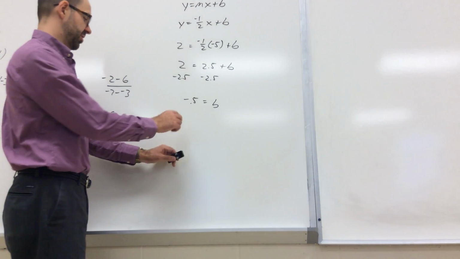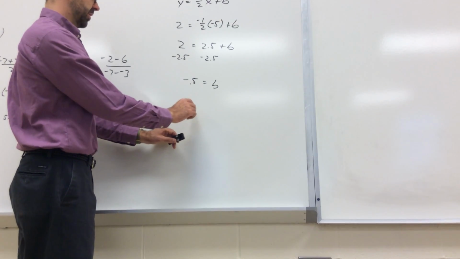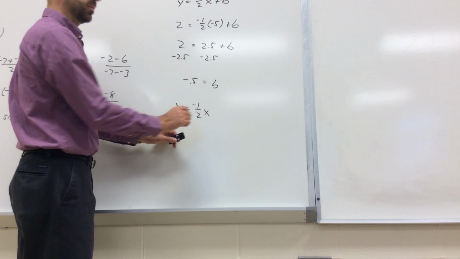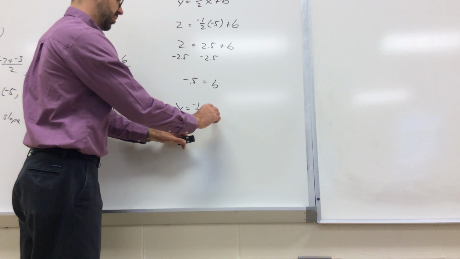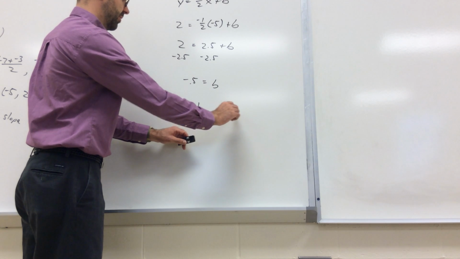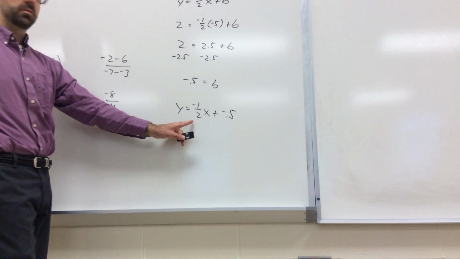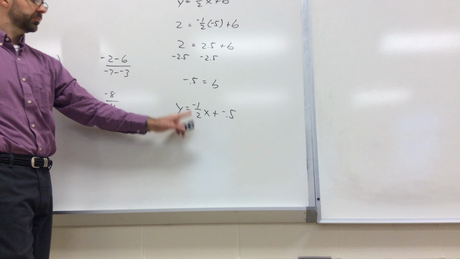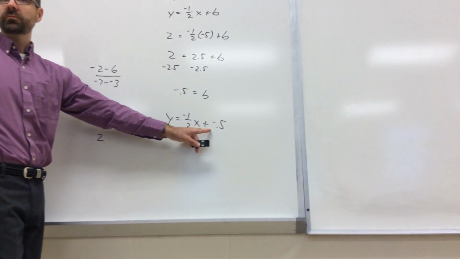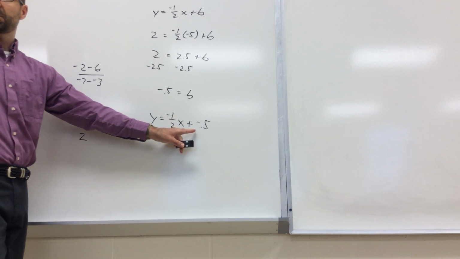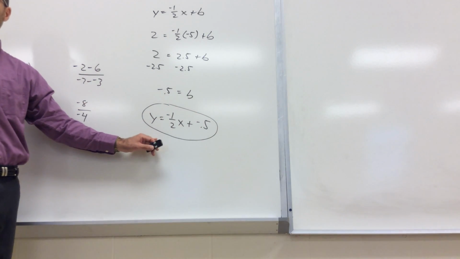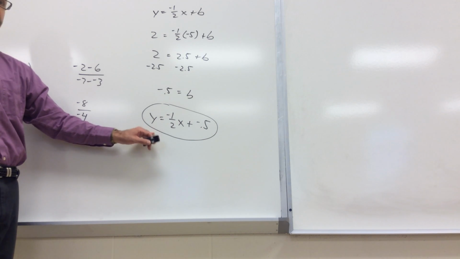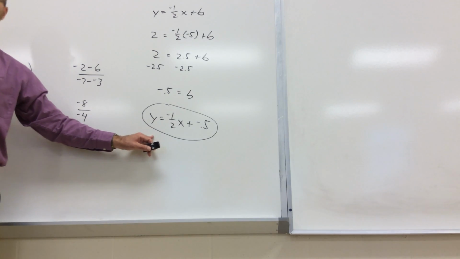So now I know the equation of the line is y equals negative 1/2 x, because that negative 1/2 was my slope, plus negative 0.5 for my b. So this is the final answer here. The question said find the equation for the reflection line. So this is the equation for that line.